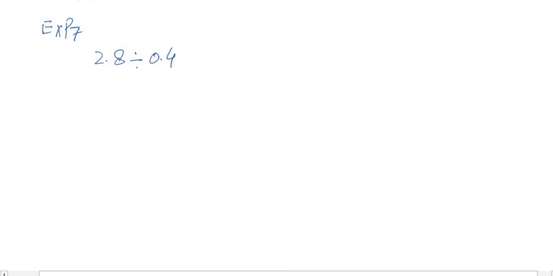Now again it's the simple division method. For example, let's suppose you have 36 divided by 4. We did this in the previous videos. We see what number we multiply by 4 to give 36 or less than that. If we multiply by 9, 9 times 4 gives you 36. So the answer is 9 here.